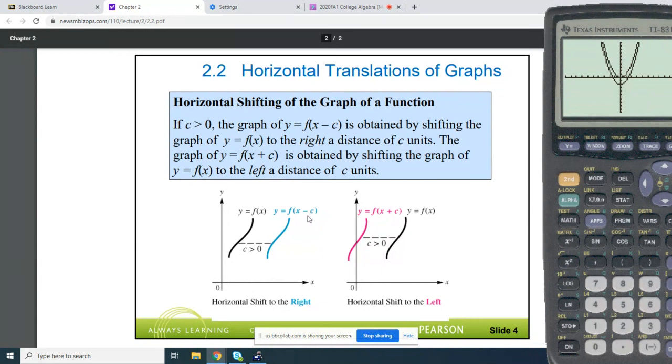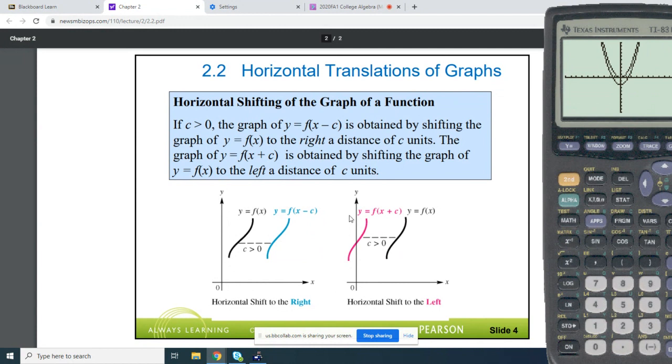But actually, in these formulations, when we shift right, we actually subtract the number off. Mathematically, when you move to the left, that's actually a negative direction. However, when you write out your function, we write with the plus.